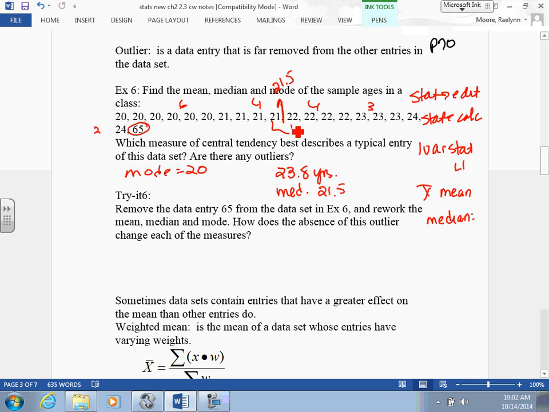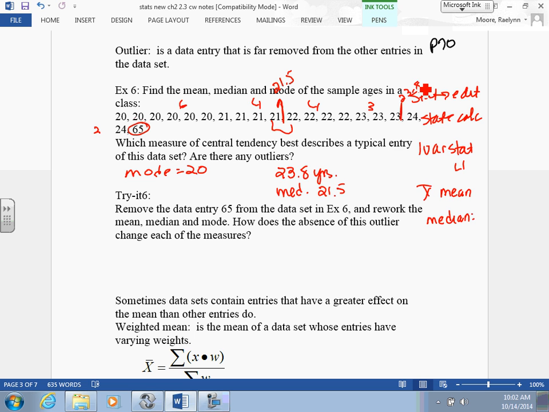That's the middle. Look at where your 23.8 is falling, closer to over here. Your median is the exact center, but your mean is pulled off to the right. That's the effect of this outlier. It's pulling the mean to the right a bit.